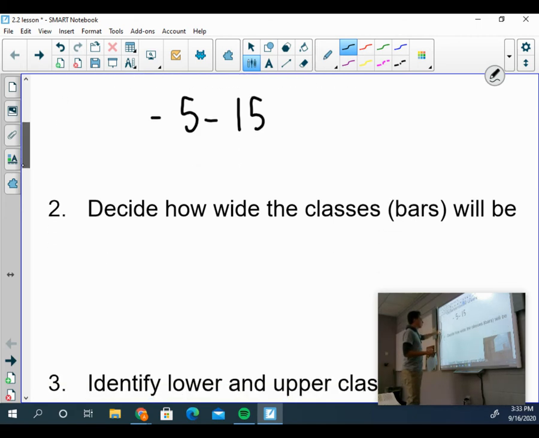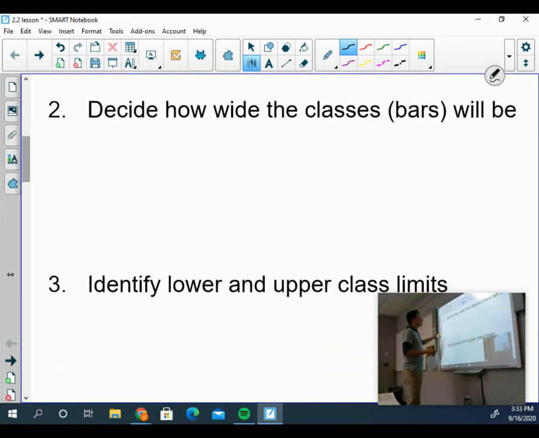Next step, you're going to decide on how wide the classes or the bars will be. You're going to find out as we go through this, we're not going to jump straight into histogram creation. Rather, we're going to make a table and then translate that table into the graph. So how wide will the classes or the bars be when we want to make a histogram? Well, you're going to take your largest data value.